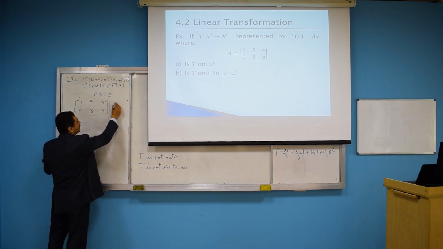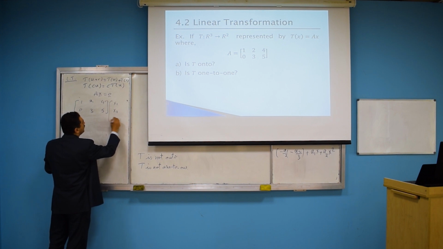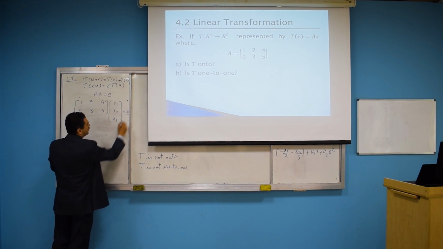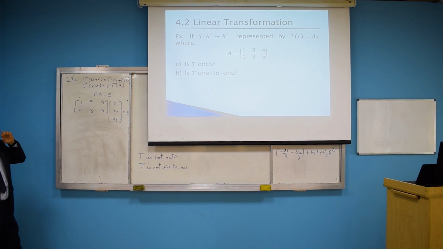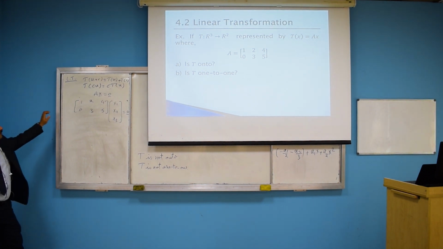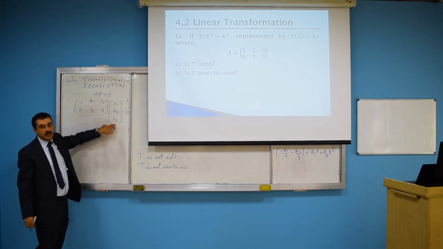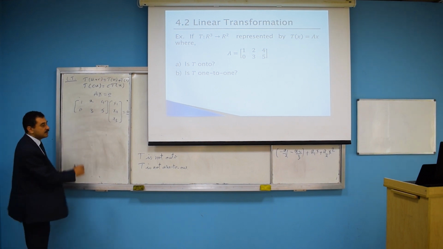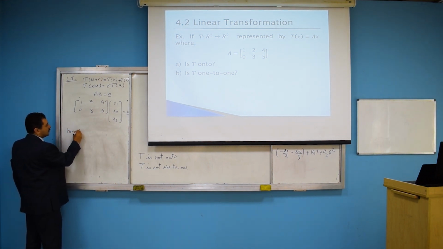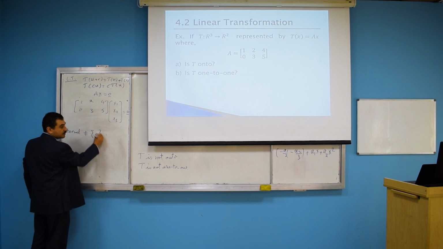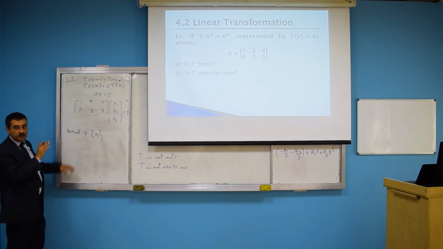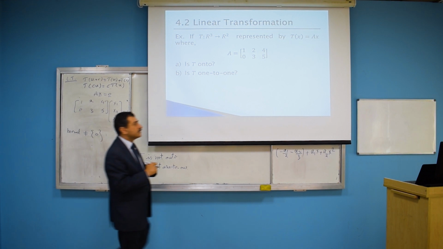So we want to find what x1, x2, x3 cause this transformation to be 0. And this is actually reduced, so you can see that you have an infinite number of solutions because you have one free variable, x3, so the kernel is not the 0 vector. You will have many solutions, so the transformation is not one-to-one.